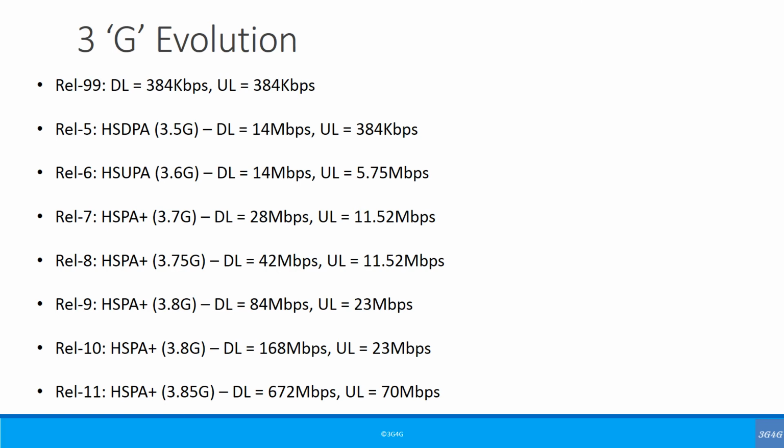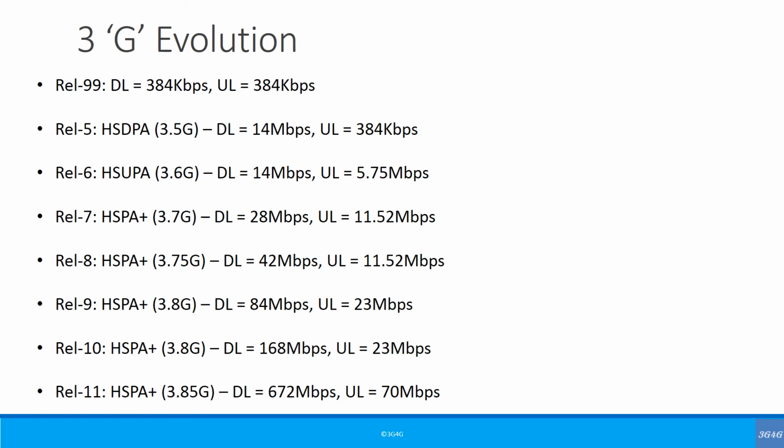Then it was further evolved to support much better uplink rates in 3.6G HSUPA. And then there were enhancements which are all called HSPA plus. I've given it different numbers, 3.7 and 3.75, etc, and you can see the different evolution in data rates.